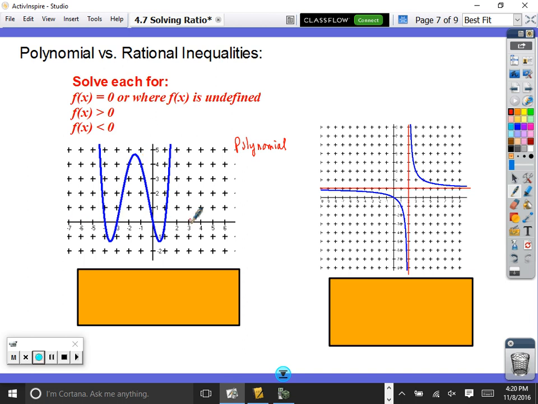Well, here's where y is 0. So what x values, what domain makes this y value 0? It looks like we have x equals -4, x equals -3, x equals 0, and x equals 1.